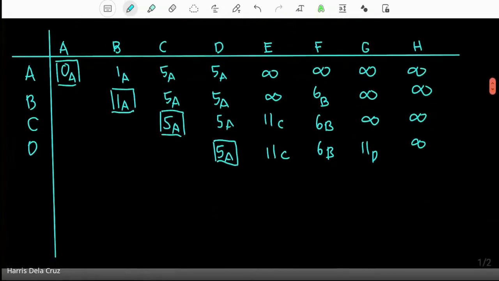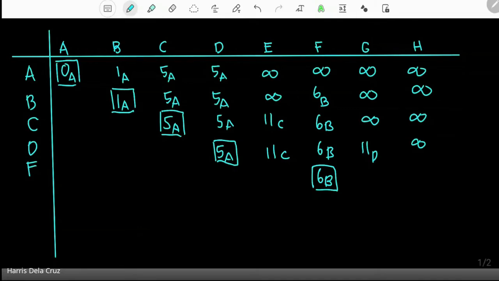Now, up to this point, all the vertices with permanent labels are vertices A, B, C, and D. The next vertex with the smallest temporary label is now F with label 6 sub B. So that label will now become permanent. So we permanently label F as 6B. And then we are going to visit F. So from F, what are the vertices that we can reach?